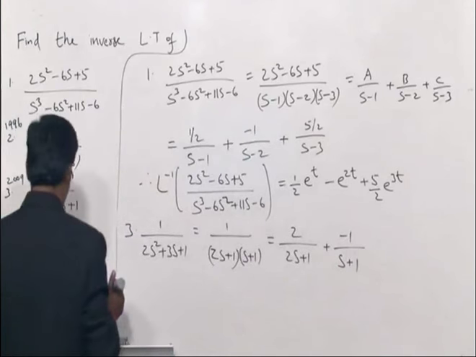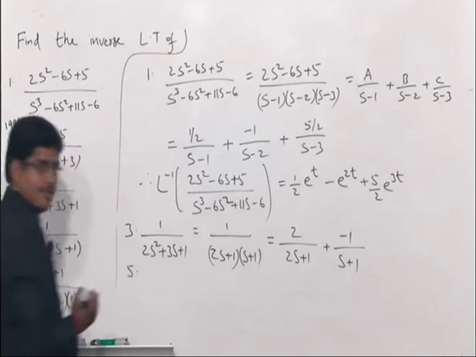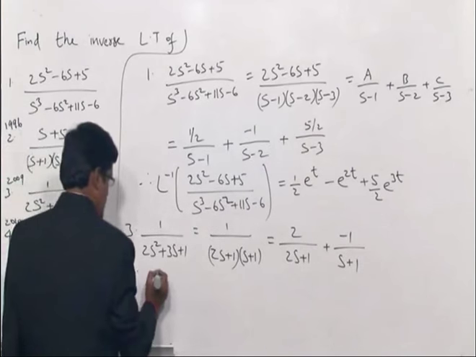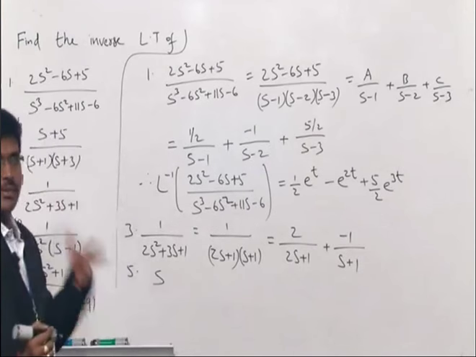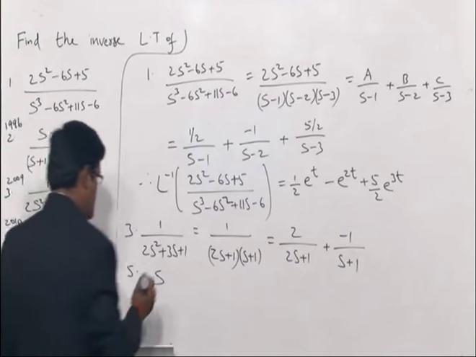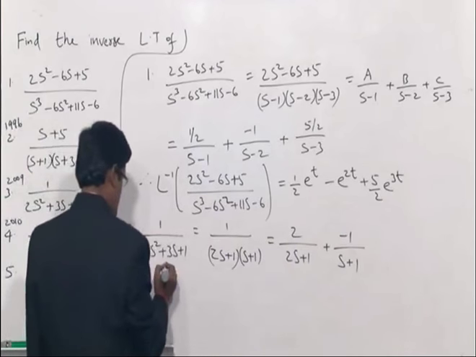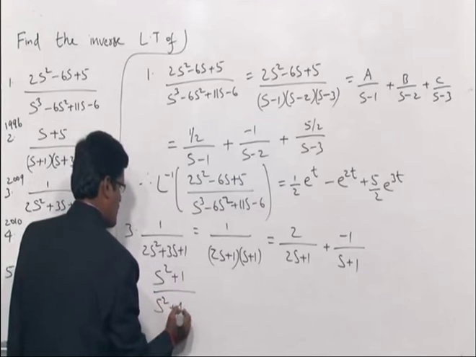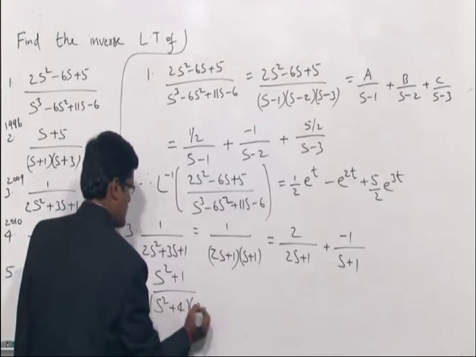Next, fifth one, let me complete. Fifth problem. So each is of same factor. Highest degree term, s square term is same, and whose coefficient is same, whose symbols are also same. So in such cases, take that common s square term, another variable, a new variable, which becomes into linear factor. S square plus 1 divided by s square plus 4 times s square plus 9.